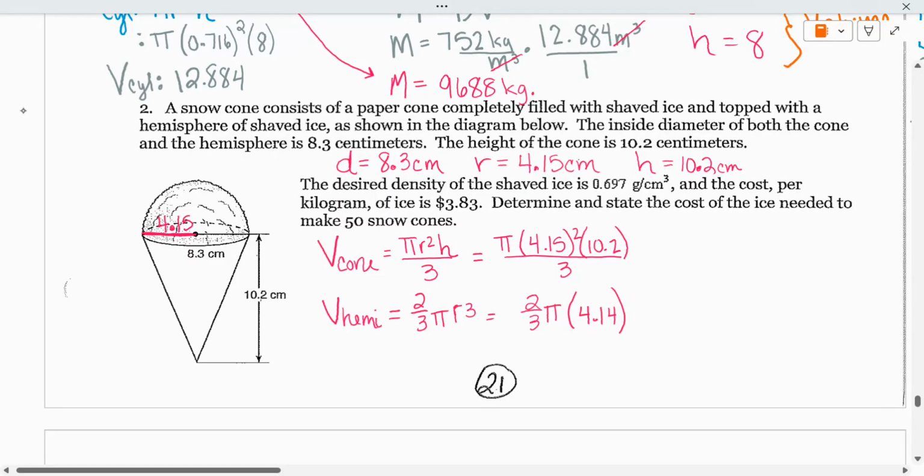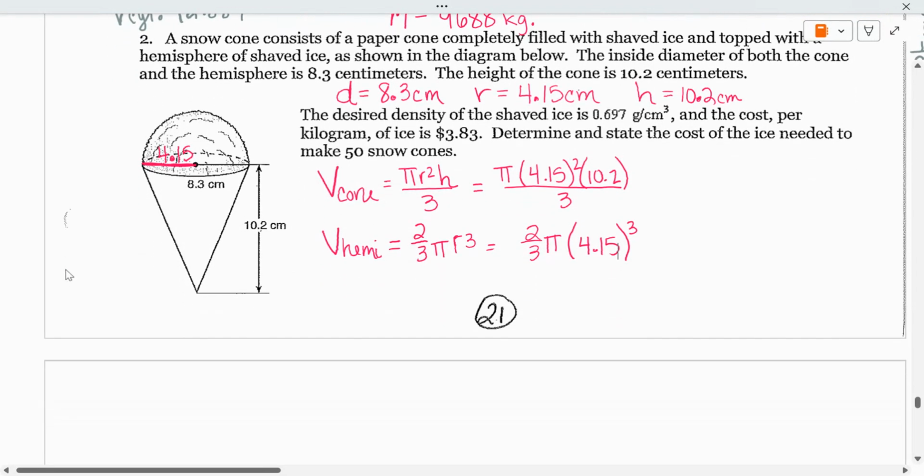Oh, I don't know why I wrote 1.4. I said 1.5. I'm sorry. 4.15 cubed. So we have to add these two together. So volume total equals.